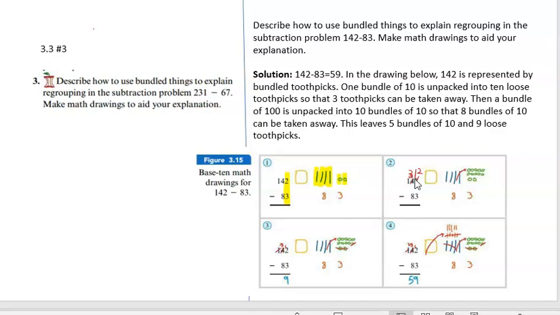So we're going to borrow from that 100, and that means this 1 is reduced to 0. After we borrow 100, which is like 10 tens, and add 3 tens together, we get 13 tens, and 13 tens minus 8 tens gives us 5 tens. So that's how we teach the students to do subtraction using this standard algorithm.